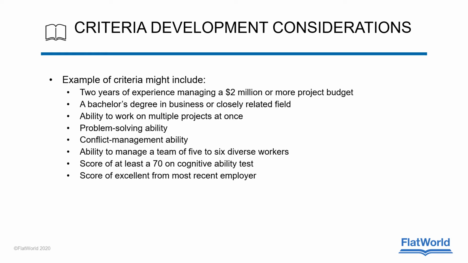Some examples of criteria might include 2 years of experience managing a budget of a certain level, a bachelor's degree in business or a closely related field, ability to work on multiple projects at once, problem solving ability, conflict management ability, ability to manage a team of 5 to 6 diverse workers, a score of at least a 70 on a cognitive ability test, and a score of excellent from the most recent employer. These are all samples of criteria that you may look for, but it gives you a good idea of where to start.